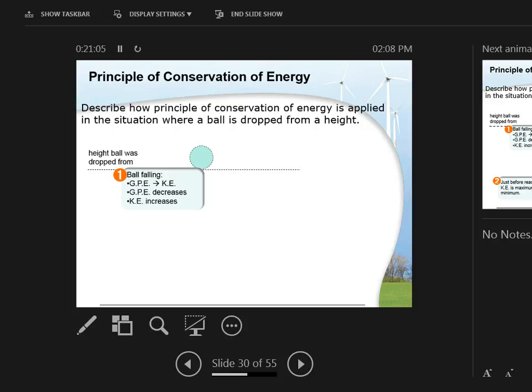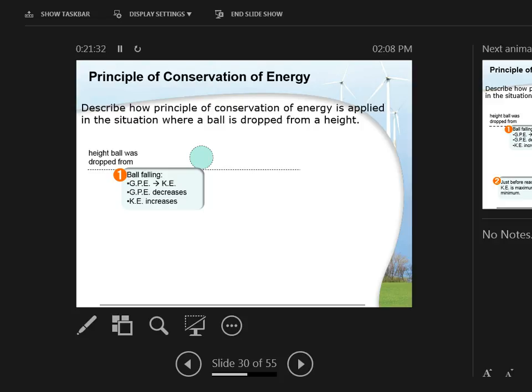When we say kinetic energy increases, can you remember what is the formula for kinetic energy? Half mv square, right? And then I say kinetic energy increases because GPE decreases. Make sense or not? Your GPE is decreasing, then it is converted to your KE, right? So it makes sense. Your KE is increasing. But you know that KE is half mv square.